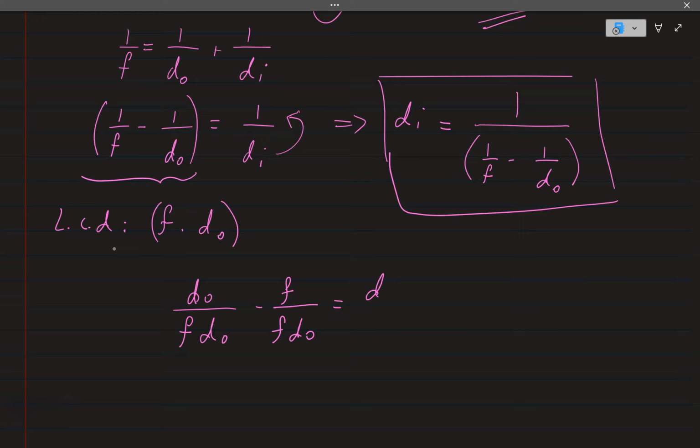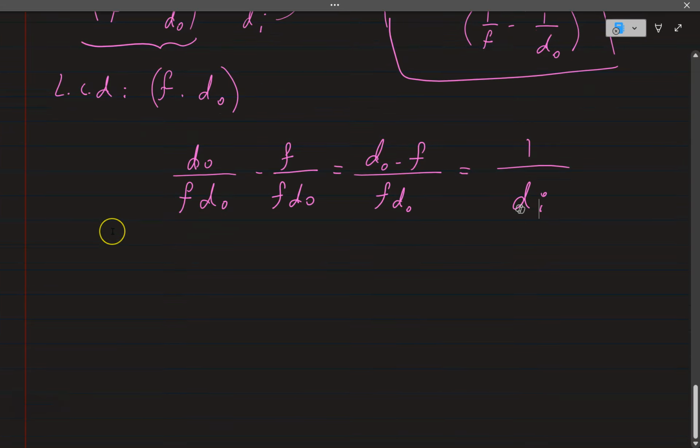And then you get do minus f over fdo, and this is what 1 over f minus 1 over do is. So this is another way, and once you do the flip, the reciprocal, this is actually 1 over di.